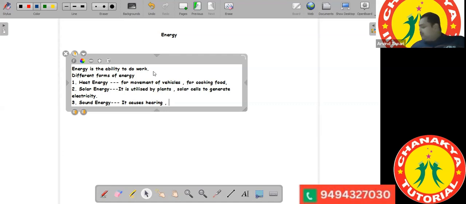Can we hear without sound energy? Sound is an energy because of which we are able to hear. And sound is caused by compression, frequency, and all that. But it is a form of energy and it causes hearing. We are able to hear anything because of sound energy. Sound energy can also be used as a switch.